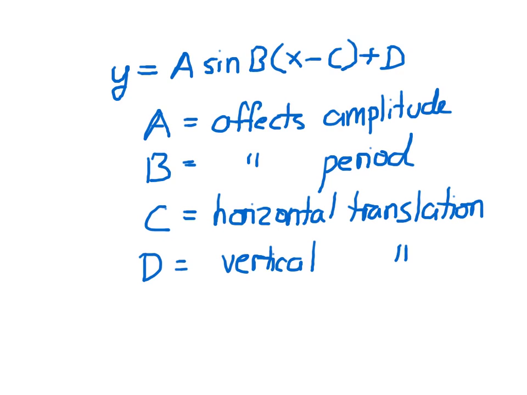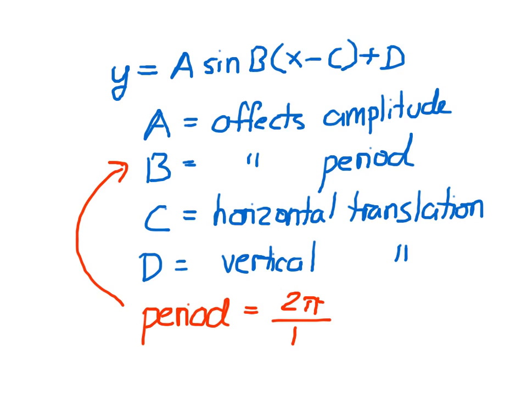There's one more thing to consider about the variable b here. If I'm given b, I can find the period for that function by a simple calculation. Here the period simply becomes 2 pi divided by b.